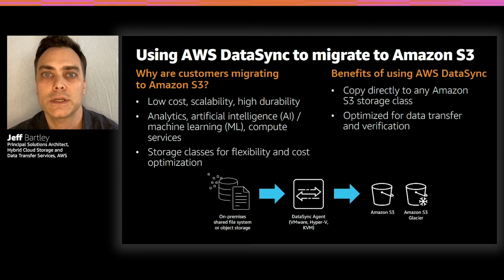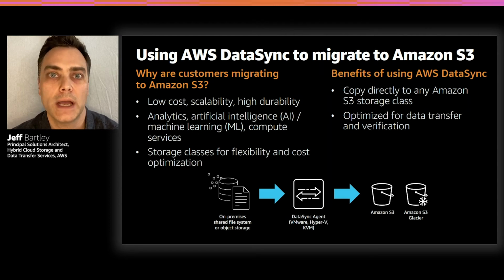And it really gives customers the control and flexibility of how they want to store their data, based upon how often it needs to be accessed and the kind of access that they need to make to it. And so DataSync supports all of those storage classes. DataSync also has built-in capabilities for optimizing how data is transferred to S3, as well as how it's verified.